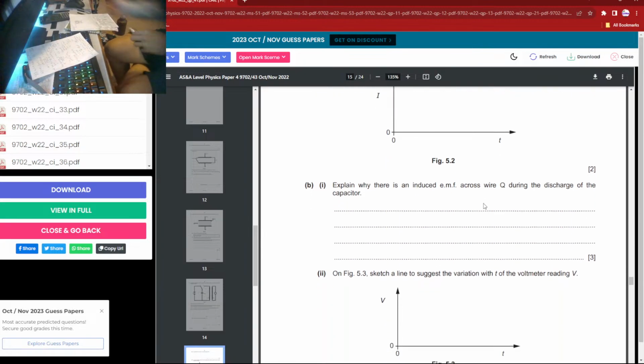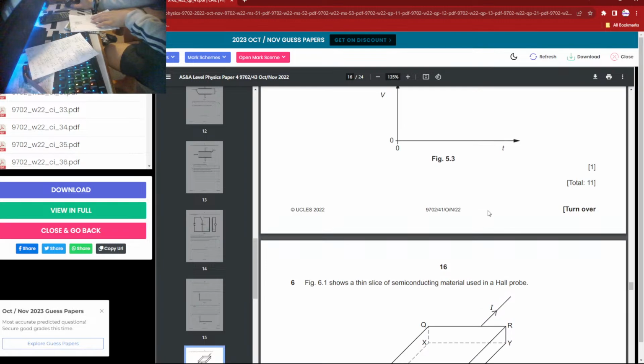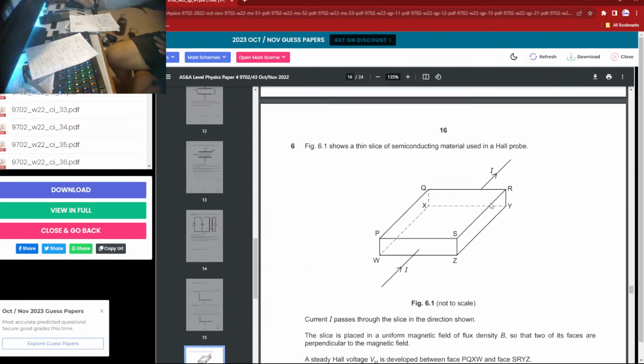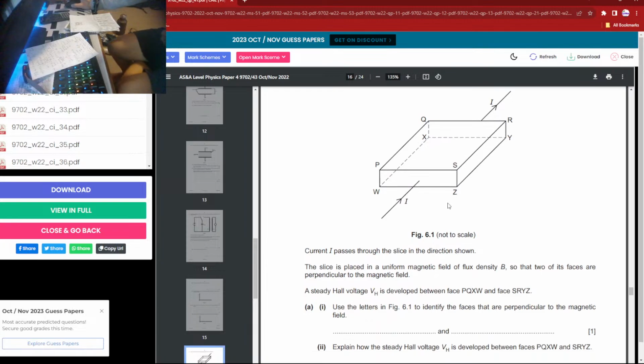Okay, next one. We're on question 6. 6A. Thin slice of semiconductor, and so on. Current I passes through the slice in the direction shown. Current is going in. A steady Hall voltage is developed between faces PQXW and SRYZ.